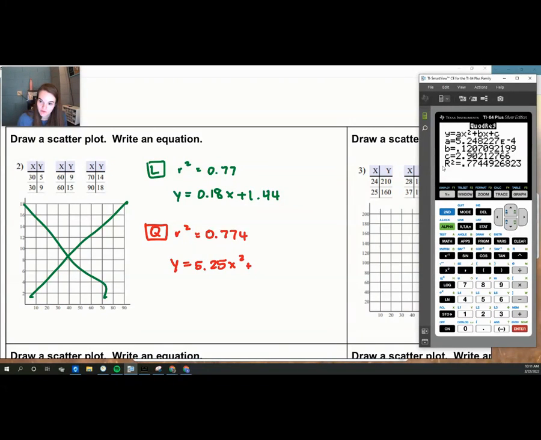Plus 0.12 x. Oh, I just noticed something. Do you see this e to the negative 4? That actually means we have 0.000125 x squared, which means linear is probably actually better. Plus 0.12x plus 2.90.